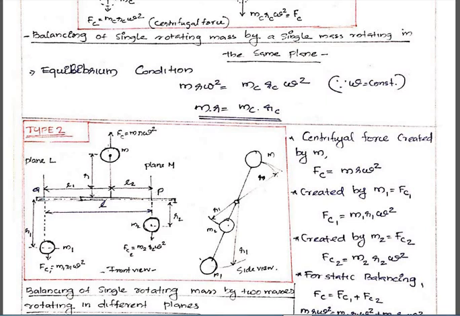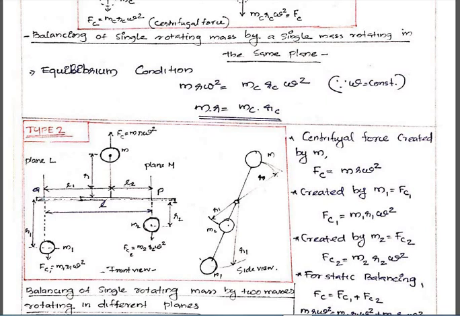To balance m, we are placing m1, which will produce a centrifugal force m1 r1 omega square. At point P, there will be another force m2 r2 omega square. The two points Q and P, that means the counter masses, are placed in planes located at distances L1 and L2 respectively from the disturbing mass.